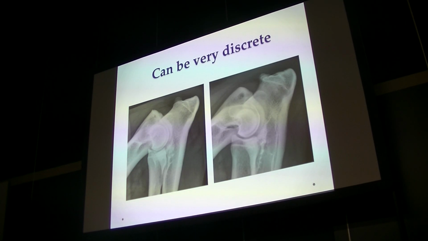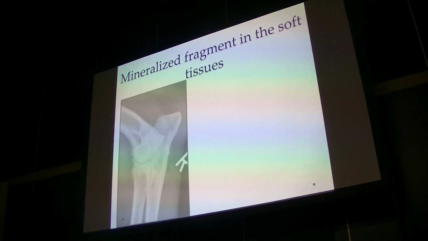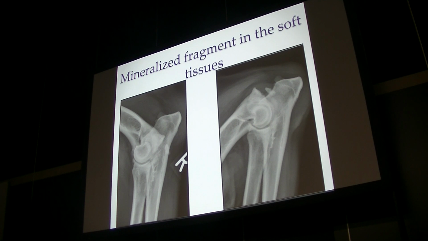So it can be really discrete, just a small tip, but the anatomical area is typical. If we see something there, some irregular delineation, here only sclerotic, the spur can be the only finding. That's important to know.